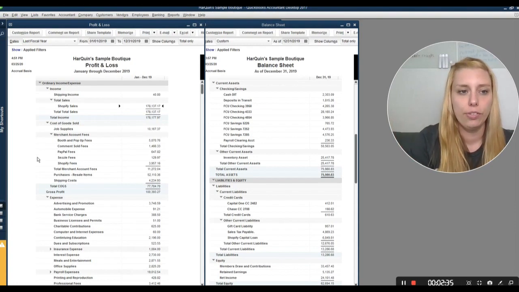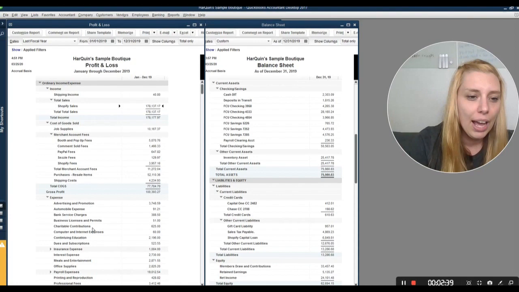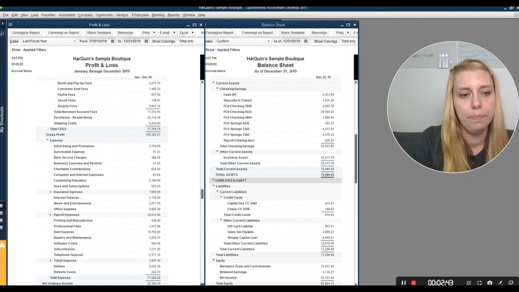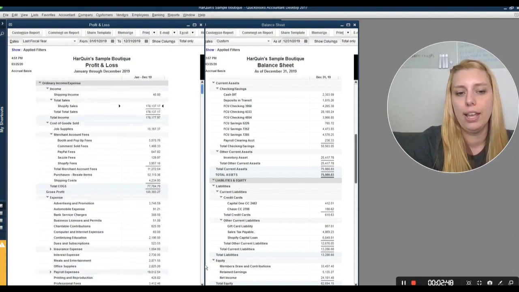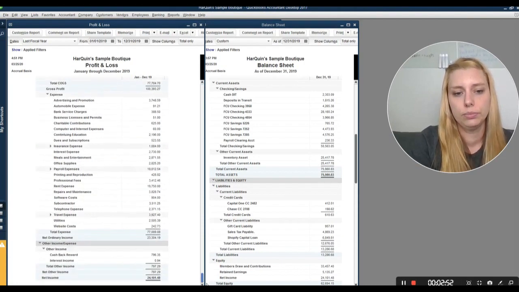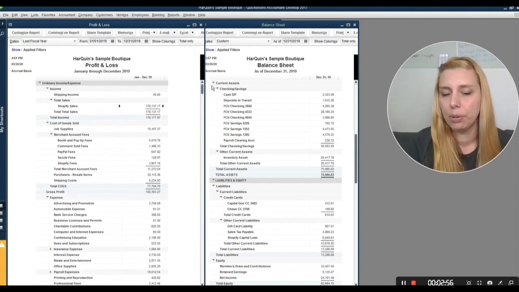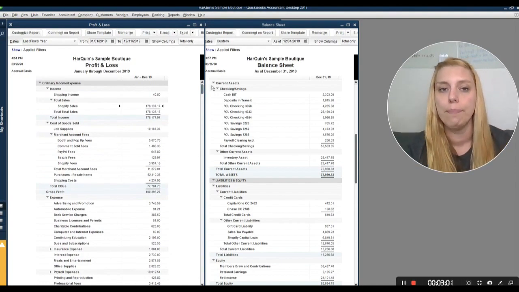And then purchases for resale. Obviously, you had to buy product in order to sell product. Down here at the bottom, you have your regular monthly business expenses. And at the bottom, obviously, we have our net income. So that's what P&L means. For all intents and purposes, it's income minus expense equals net income.